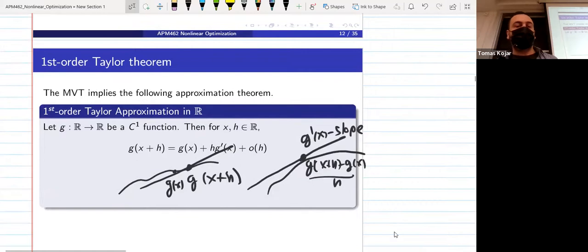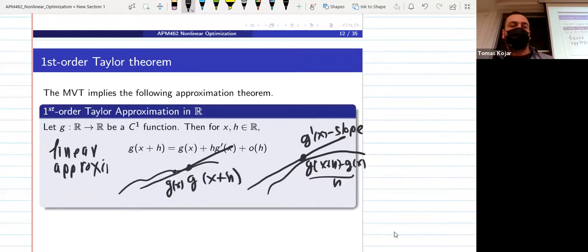This is called linear approximation. So if you Google Taylor's theorem and it doesn't show up, just Google linear approximation to your function.